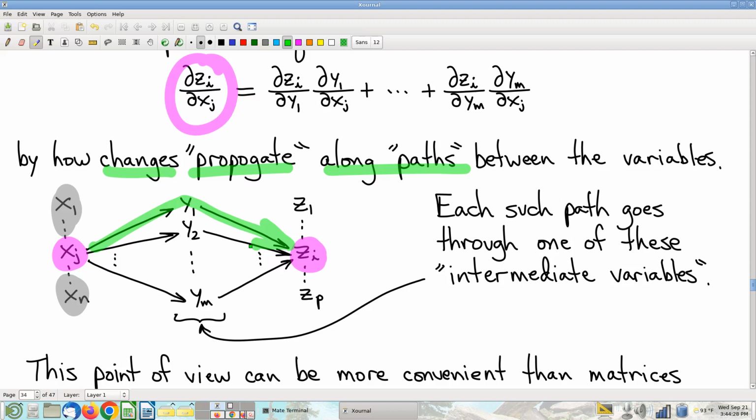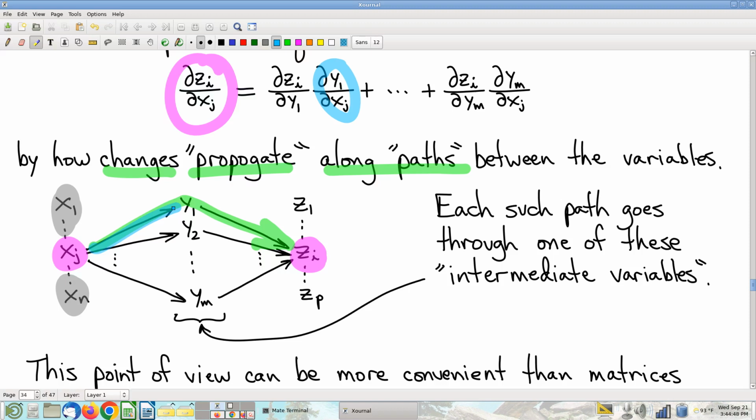And how much more of a change in y1 is there than whatever change in xj? Well, that proportion is this partial derivative. So what I have in blue there, the amount that the change is magnified along that path, is that factor.